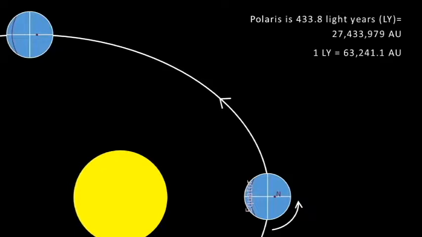All right. Now that wouldn't happen if something else didn't happen as Earth orbits the sun. As you can see here, I have a white arrow along Earth's orbit showing the direction that the Earth orbits the sun, and I have a little curved arrow showing the rotational direction of Earth. I'm not including the moon on here because it's not relevant to what I'm going to show you here.